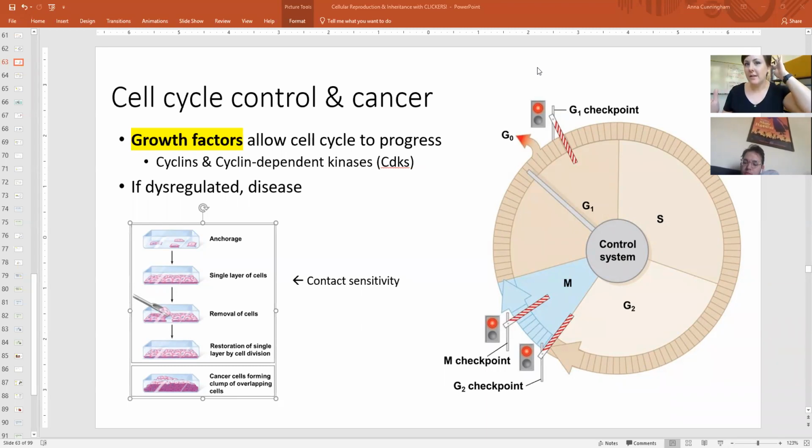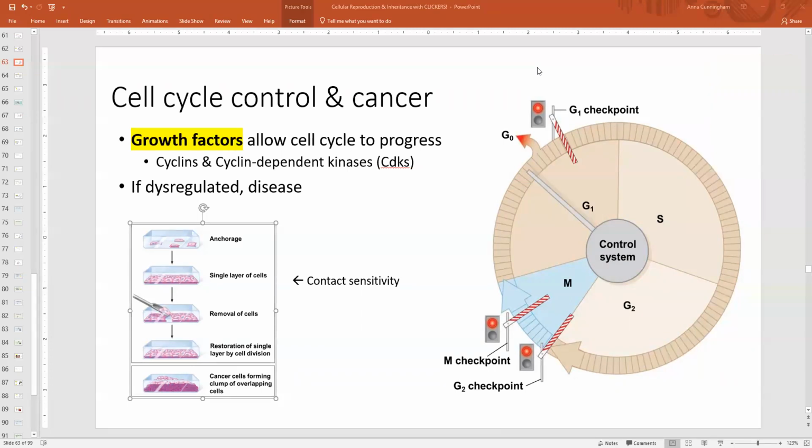So contact sensitivity is one of the most important ways that a cell, if it encounters another cell, won't grow anymore. So you go from a cut, that cut grows until it contacts the skin on the other side, and then it stops growing. If it doesn't stop growing, you get a tumor, right? Which is cancer.